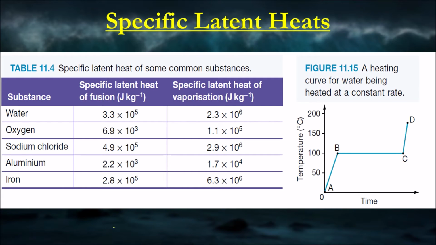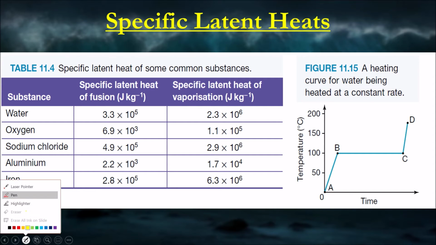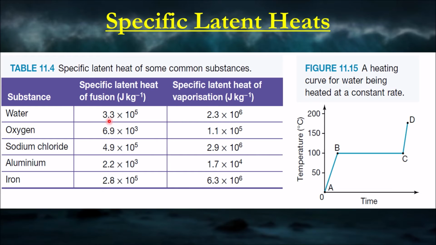We can see the slight differences in latent heats. I'll change to the laser. We can see the latent heat of fusion of water is this value here, and the latent heat of vaporization for water is this value.